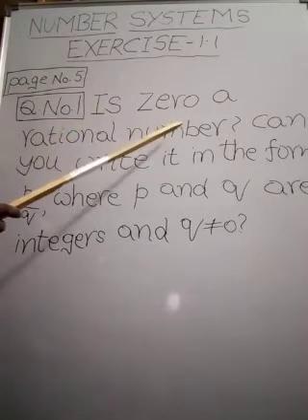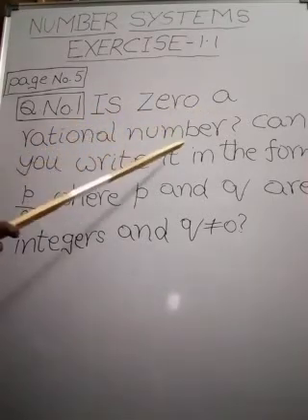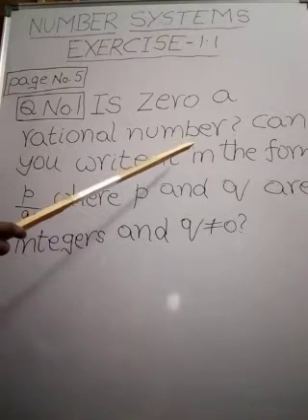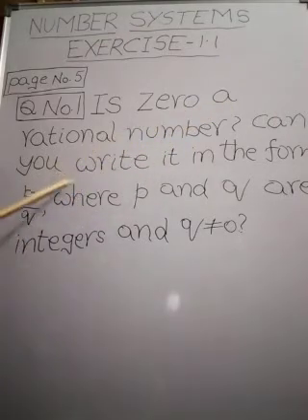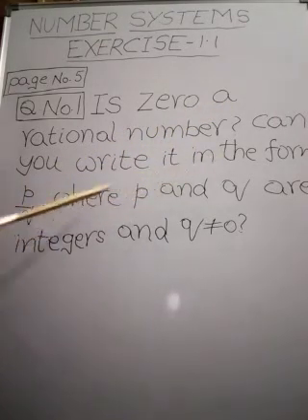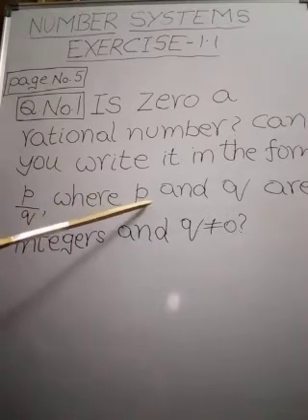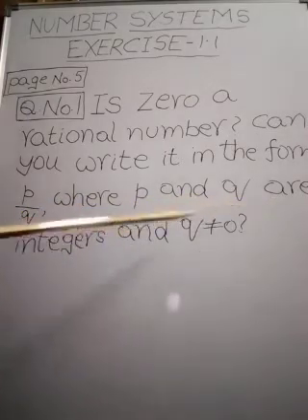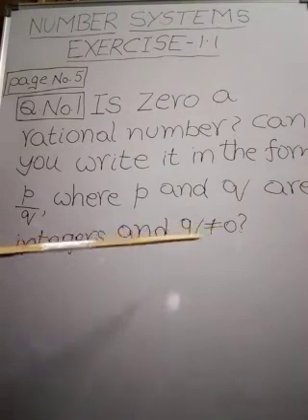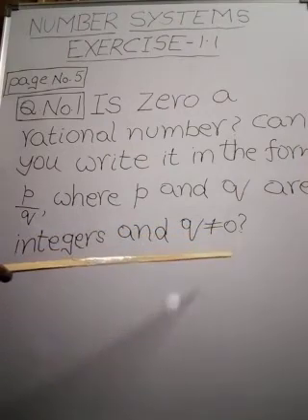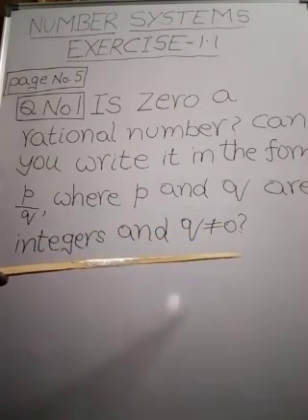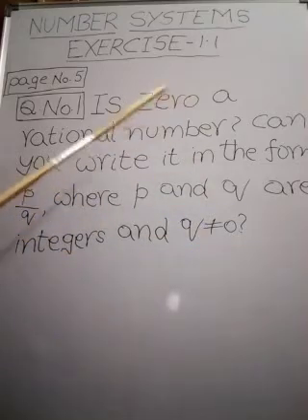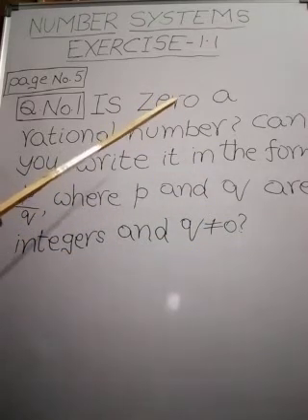Is 0 a rational number? Can you write it in the form p by q, where p and q are integers and q is not equal to 0? Understood the question, my dear children? Here they are asking, is 0 a rational number?